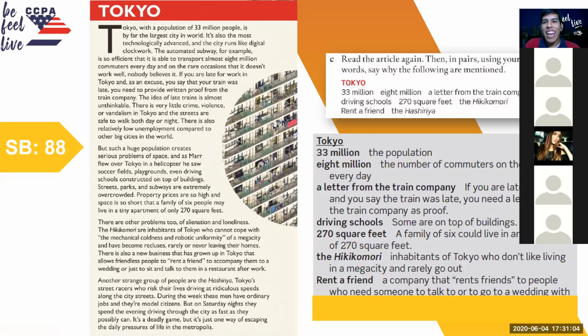So the last one says the Hashirilla. Who are they? Lucero, can you tell me the name of your victim? Sophia. Sophia Sotomayor. Yes. Okay. Sofía Sotomayor.